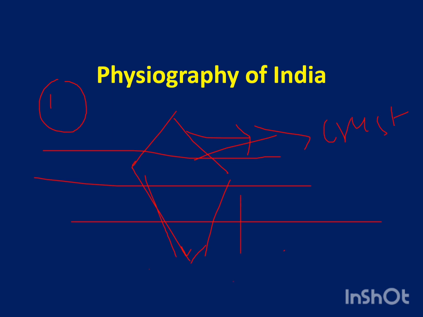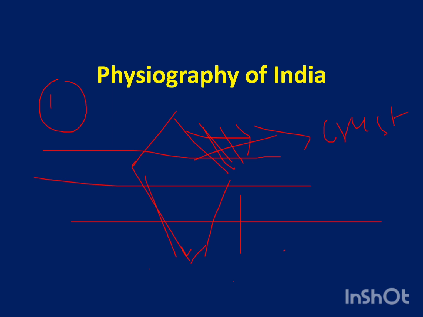The first one is the Himalayas. The Himalayas are folded mountains which form the northern boundary of the country. The Himalayas are divided based on two lines: one is longitudinal division and the other is from west to east. The Himalayas consist of a series of parallel mountains forming an arc which covers a distance of about 2,400 kilometers, and the width varies from 400 kilometers in the west to 150 kilometers in the east.